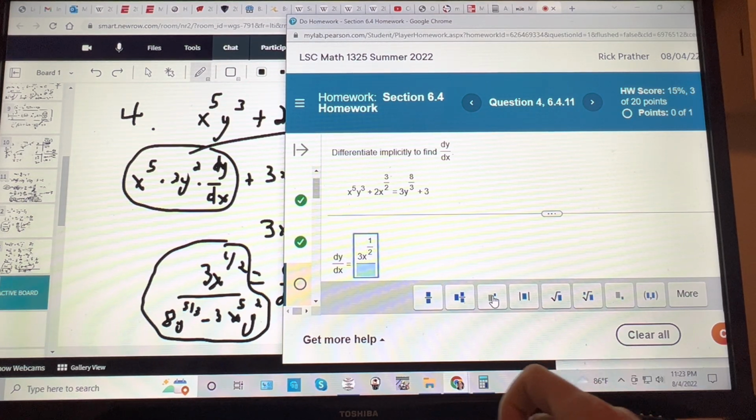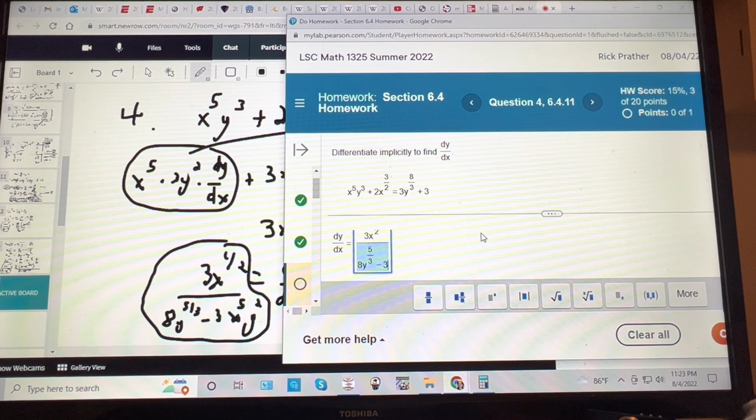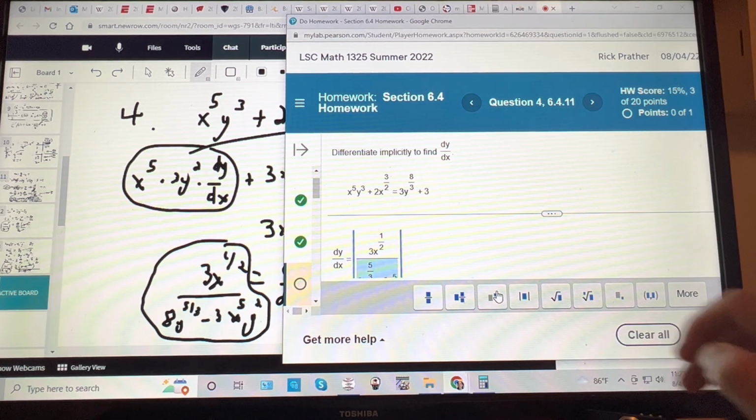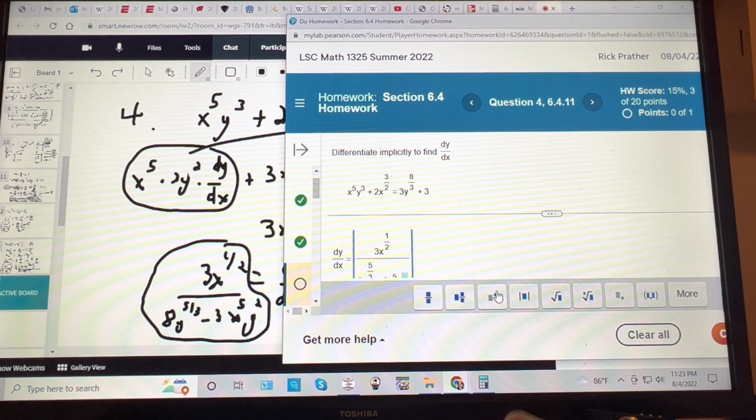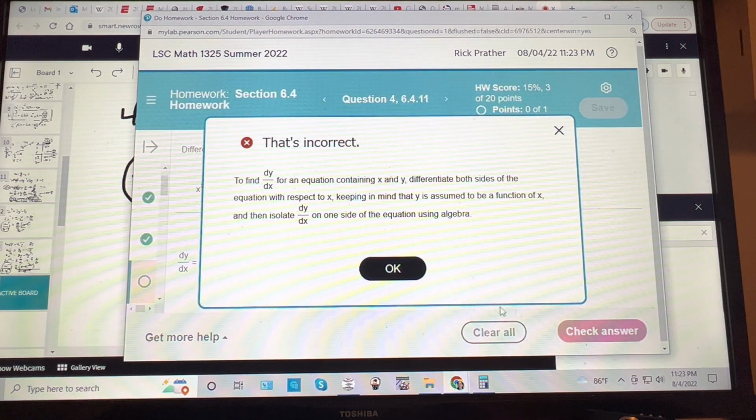Oops. 8y to the 5/3 minus 3x to the 5th y squared. Oops. And this isn't going to help.